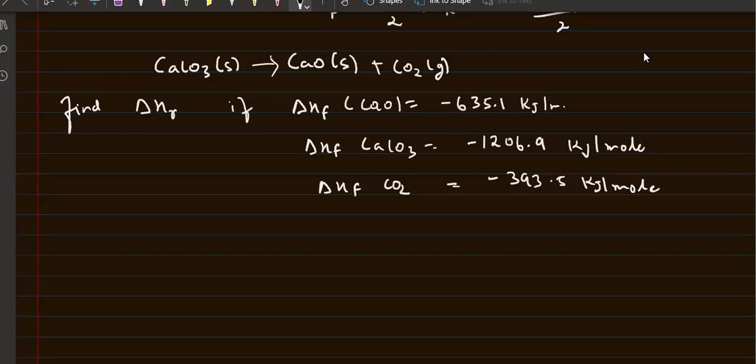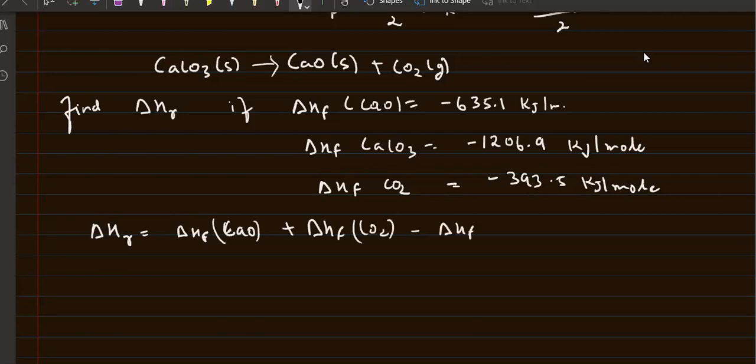So I can say that delta H of reaction is equal to delta HF of CaO plus delta HF of CO2, minus delta HF of CaCO3. Yes or no? Tell me, step by step. Okay, Karishma.